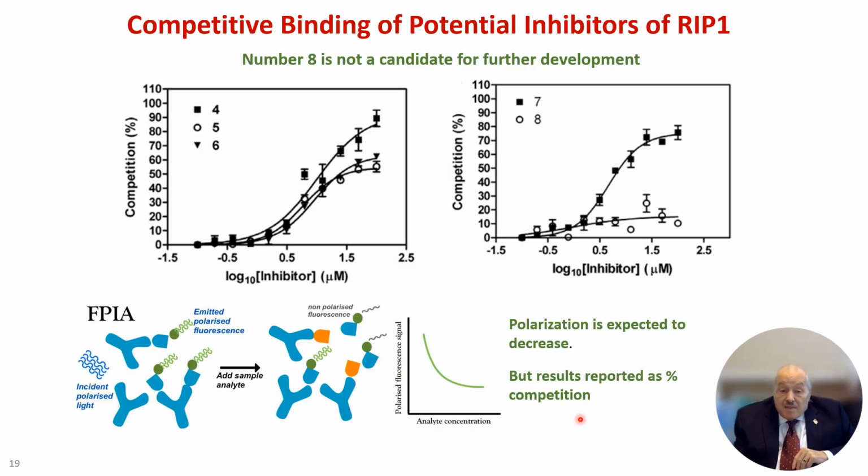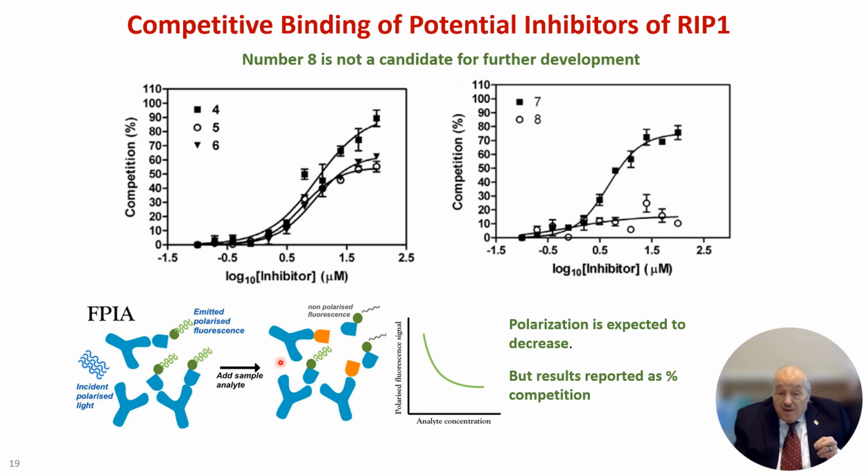So you start the assay with your antibodies bound to this fluorescent inhibitor that you made, and then you add the drug that you're testing to be a better inhibitor of RPI1.